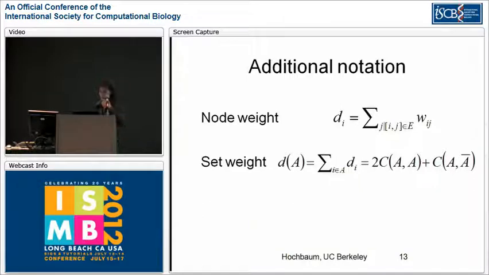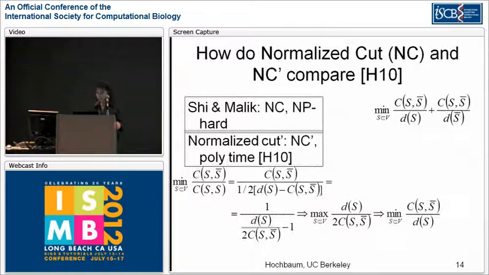This is additional notation, but given that I have only 5 minutes, perhaps I'll skip ahead and only tell you that there is a similar looking objective function called Normalized Cut. It was introduced by Shi and Malik in 2001 and has been used extensively, primarily in image segmentation, but also in biological applications.